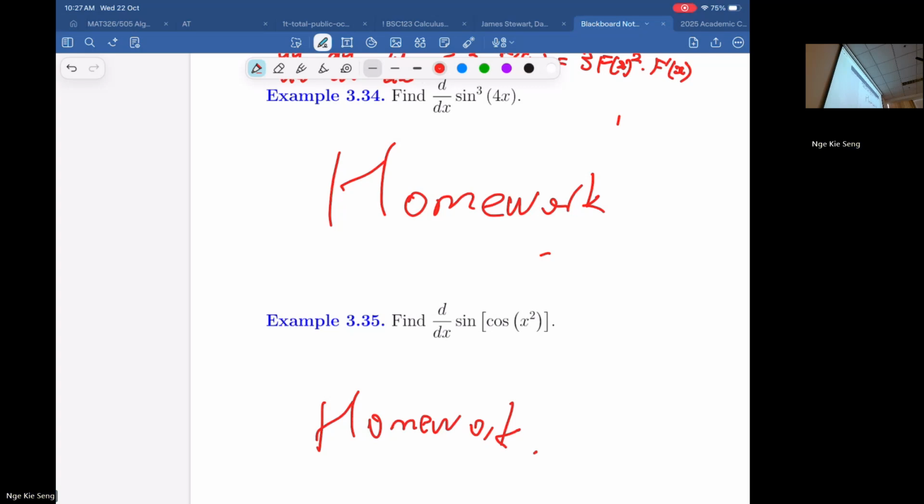Morning. So can you see 3.35 here? How many basic functions are in here? Two.